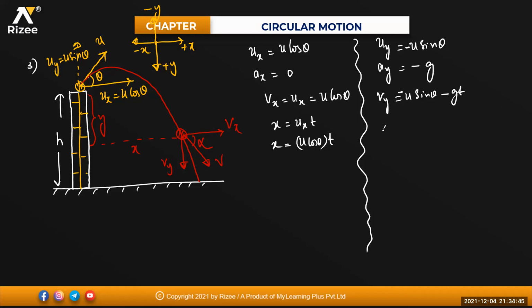Vertical displacement, Sy is equal to uy into t plus half into ay into t square. Sy is minus y, isn't it? Clear?